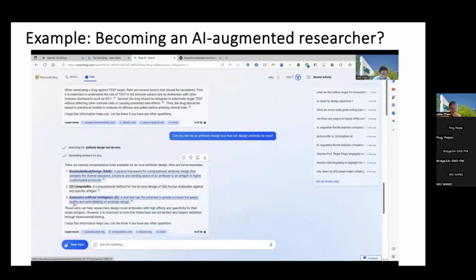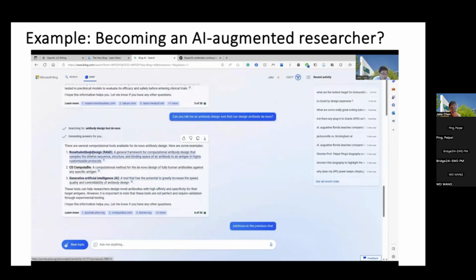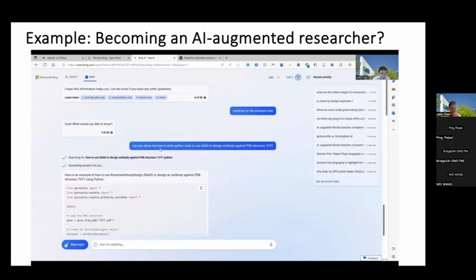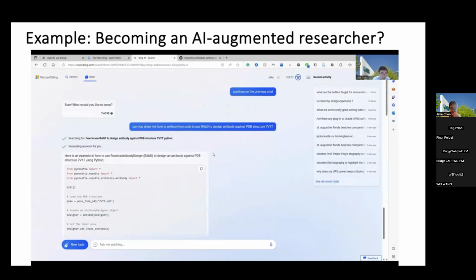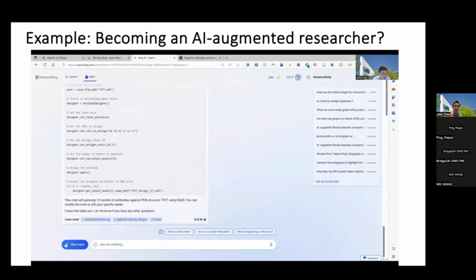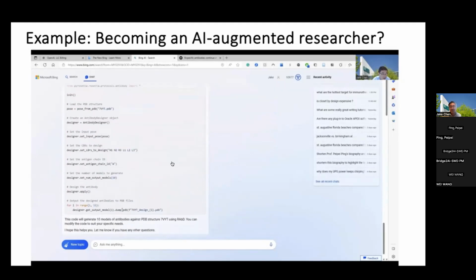It gives several software tools, including the very famous Rosetta antibody design tools. When I continue, I said, well, can you show me how to write a Python code to use this Rosetta antibody design software to design antibodies against the structure? And then it showed me the Python code and 10 models right away that I can start testing.